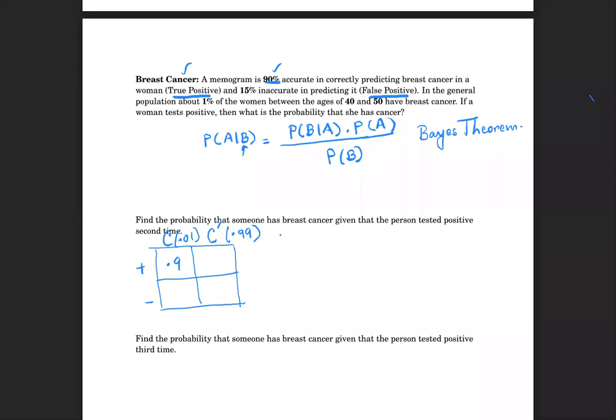Incorrectly, when you have cancer but the test says you don't, that's 0.1. And it's inaccurate 15% of the time with false positives, so this is 0.15, and this is 0.85. So when you don't have cancer, 85% of the time you'll get a negative test result, and 15% of the time you'll get a positive test result, which is inaccurate.